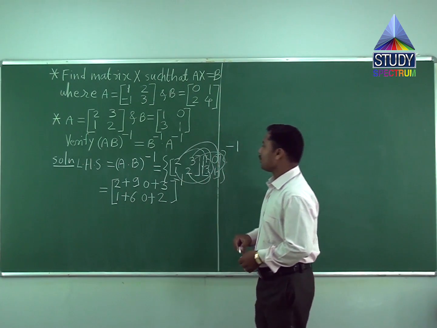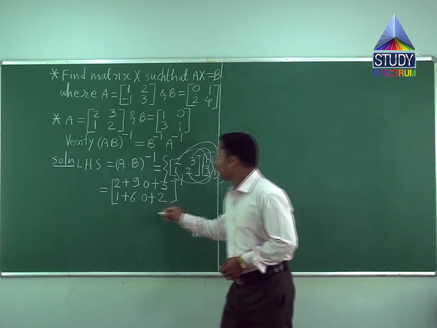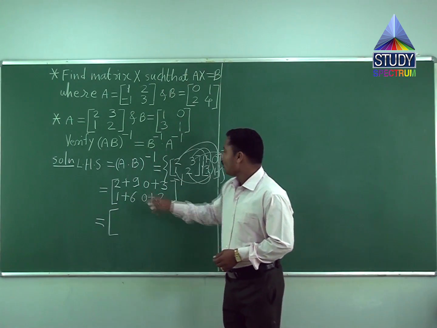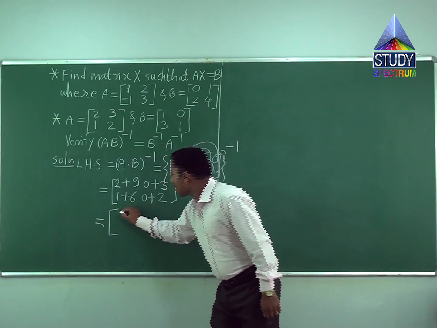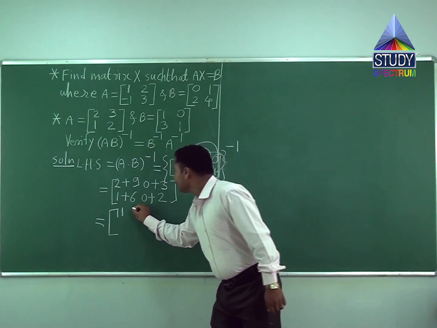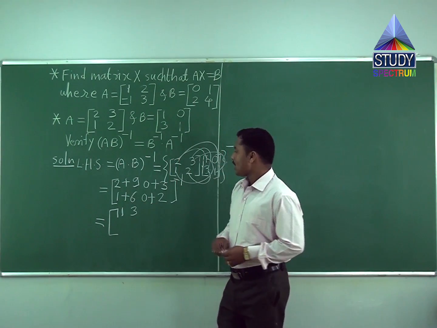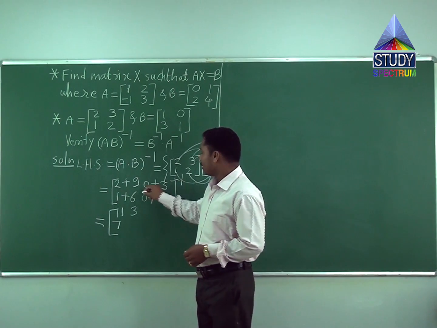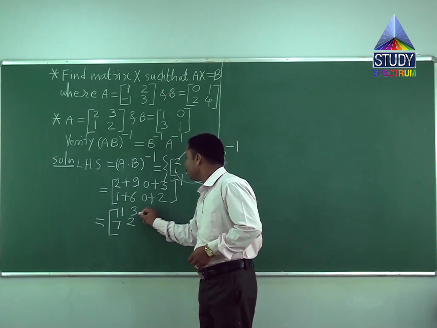So the inverse of the matrix is: 2 plus 9, 11; 0 plus 3, 3; 1 plus 6, 7; and 0 plus 2, 2.